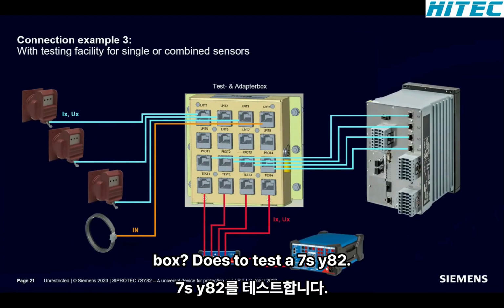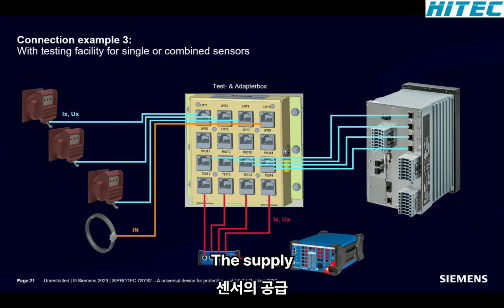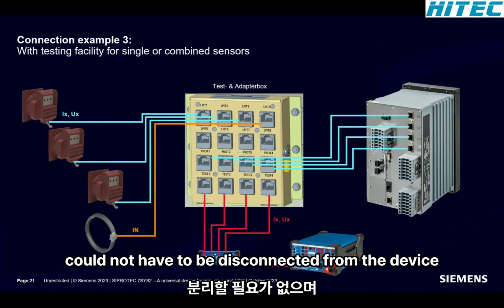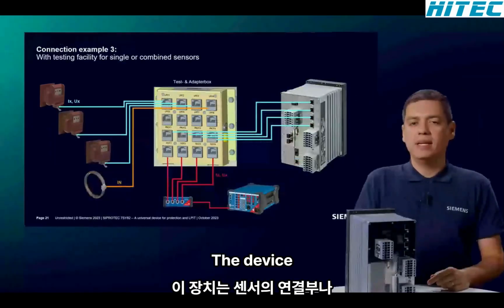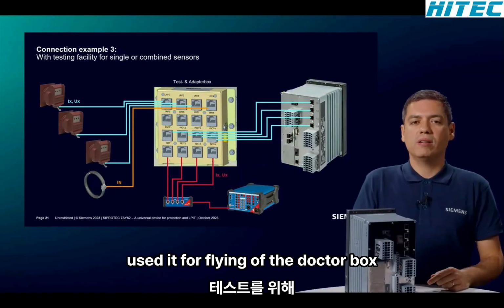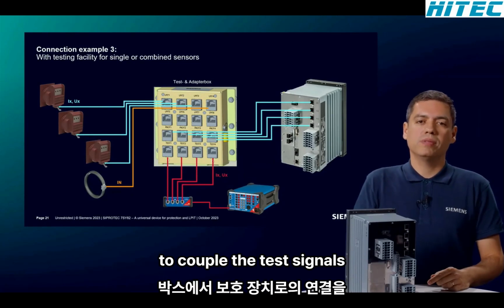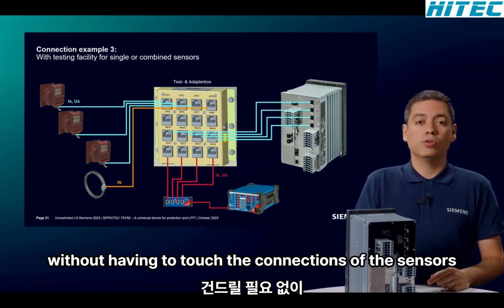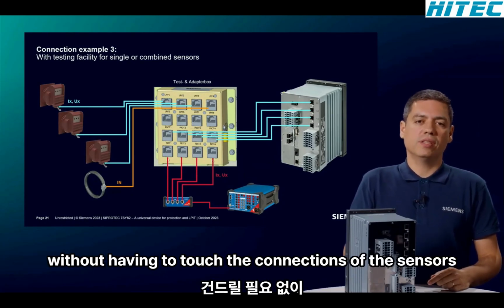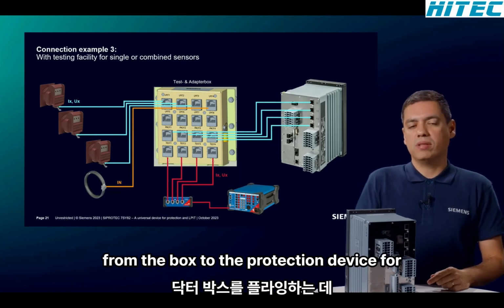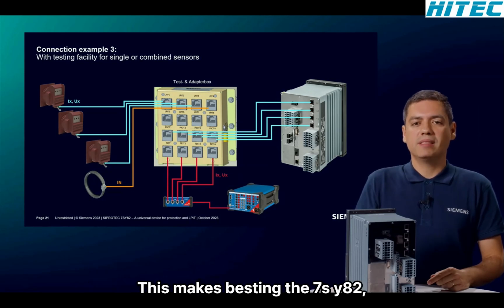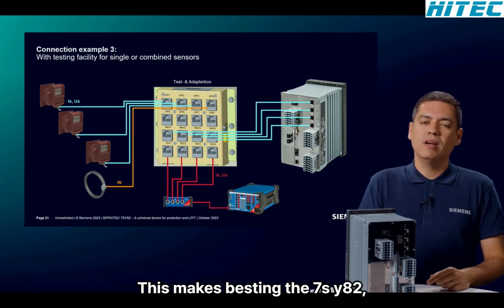Thus, to test the 7SY82, the supply lines of the sensors would not have to be disconnected from the device, and the supply lines of the test device would not have to be plugged into the device. In brief, the test device uses the 4th line of the adapter box to couple the test signals without having to touch the connections of the sensors to the box, or the connection from the box to the protection device. This makes testing the 7SY82 very easy.